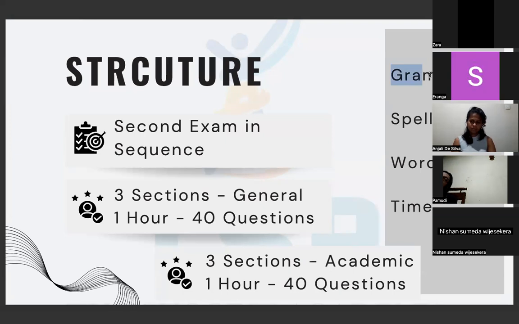I've had a lot of students who were struggling with their grammar. Their grammar wasn't perfect, but they got through their writing and speaking sections. When it comes to reading, your grammar has to be on point. At least 85 to 90% of your grammar has to be good.